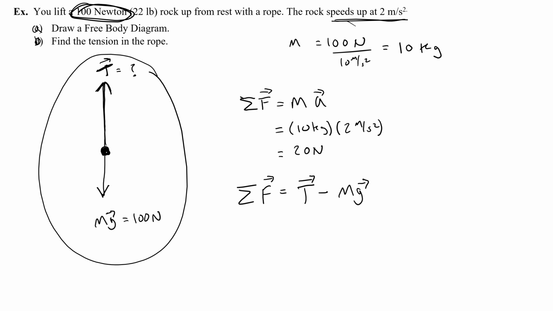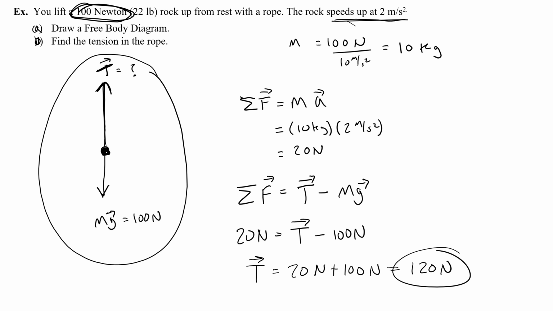So now I know that the net force is 20, and I know that the weight is 100. So to find tension, all I have to do is plug those two things in. 20 newtons equals T minus 100 newtons. And so I know that tension is equal to 20 plus that 100 newtons, or 120 newtons.